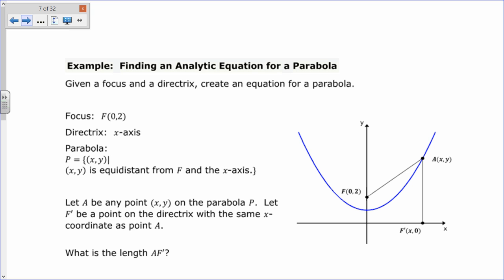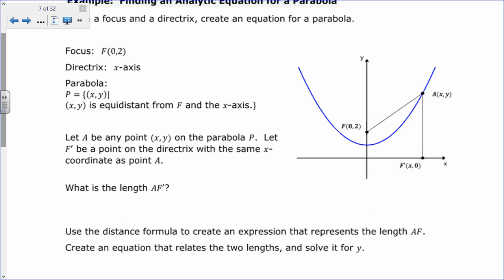So, finding an analytic equation for a parabola. Given a focus and a directrix, create an equation for a parabola. My focus is the point (0, 2), my directrix is the x-axis, and the parabola is the set of all points (x, y) such that (x, y) is equidistant from F and the x-axis. So that would mean that this has to be congruent to that.